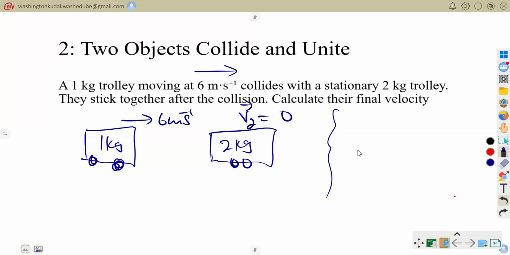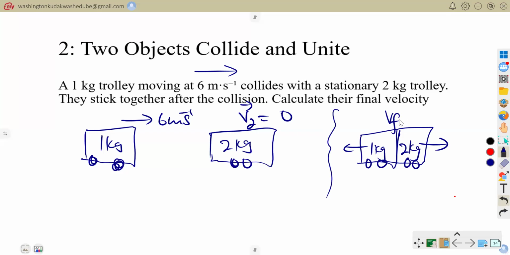And then they're saying that after collision, these two trolleys stick together, the trolley of 1 kg and the trolley of 2 kg. When they stick together, we want to find the final velocity. We do not know if it is going to go to the right or to the left, or else it will remain stationary.